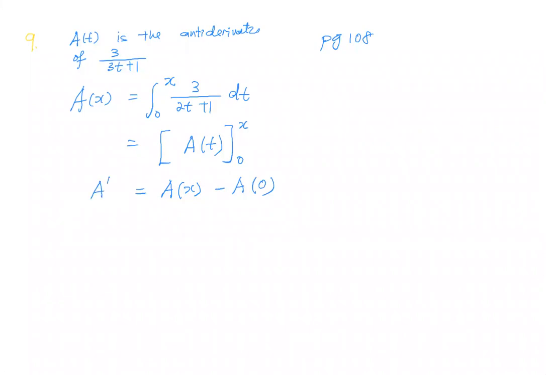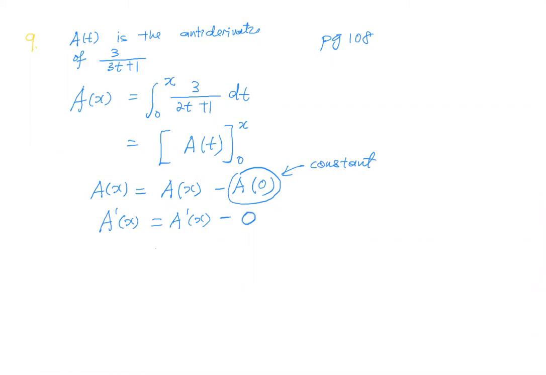Can I write like that? Okay, so now my A prime x will be A prime x minus, okay look, this is a constant. When you differentiate a constant, what do you get? 0.